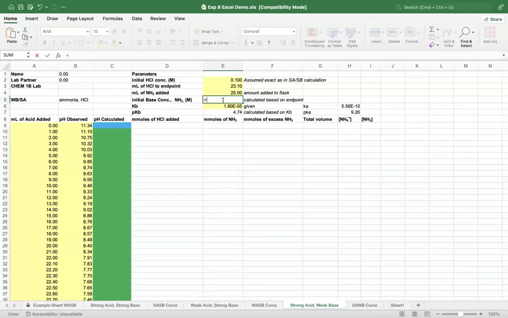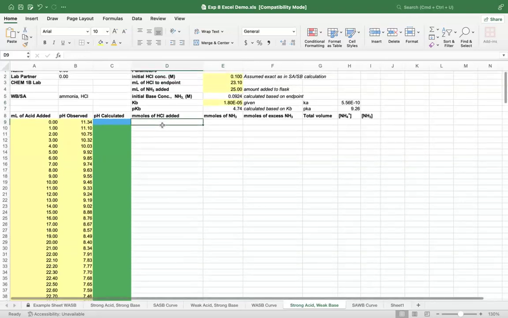So we'll say equals, parentheses, acid concentration times acid used, so millimoles of base essentially, divided by 25, because that's how many mL we started with. So millimoles of base divided by volume of base. So roughly on mine, 0.0924. Yours will be kind of different based on what your HCl endpoint was.